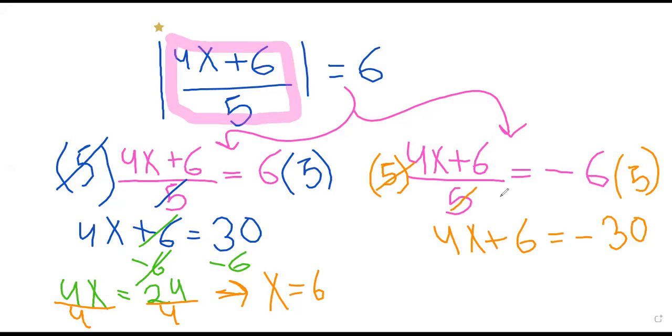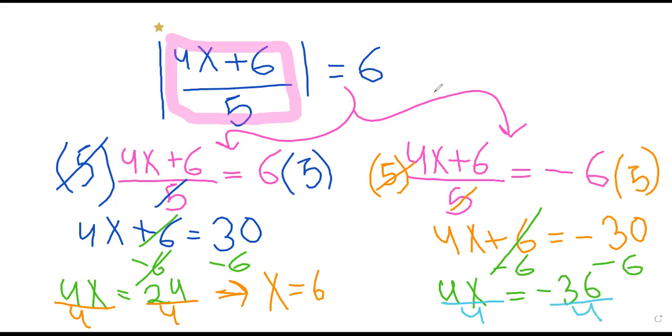Then I'm going to subtract 6 from both sides, so we are left with 4x is equal to minus 36. Finally, divide both sides by 4, and this will give x is equal to minus 9. So as you see, we got two solutions: x is equal to 6 or x is equal to minus 9.